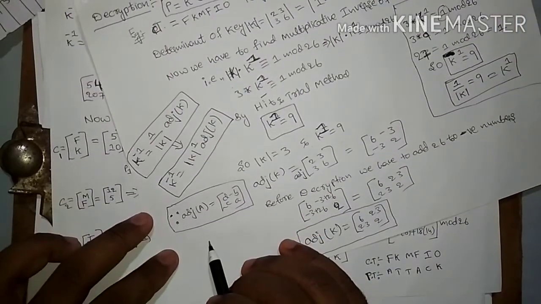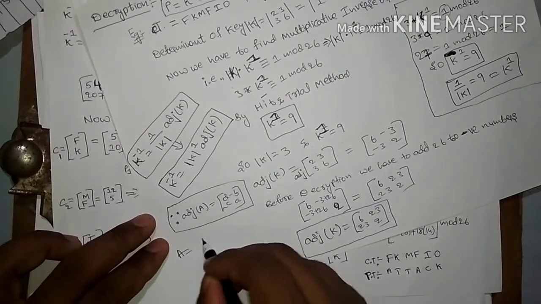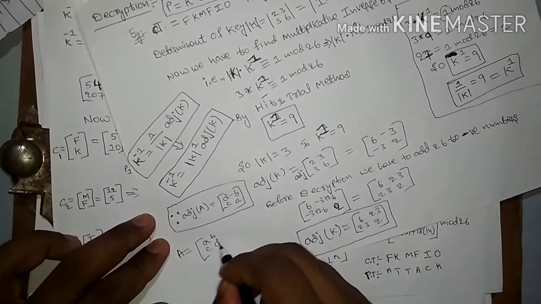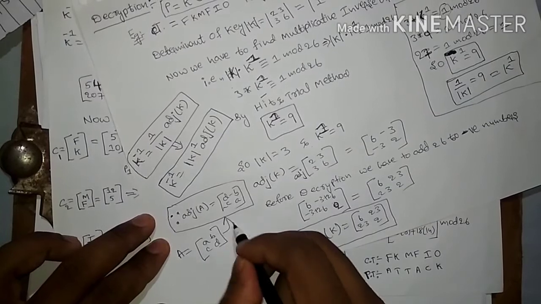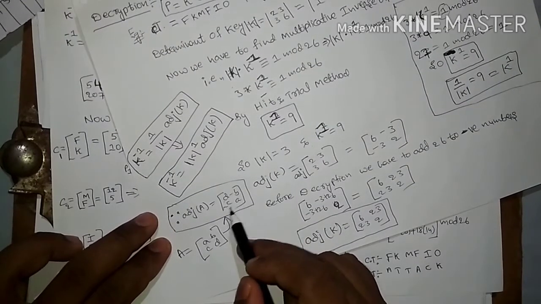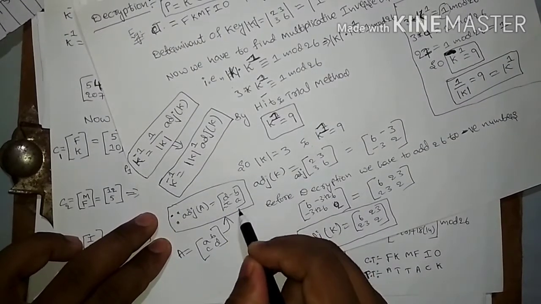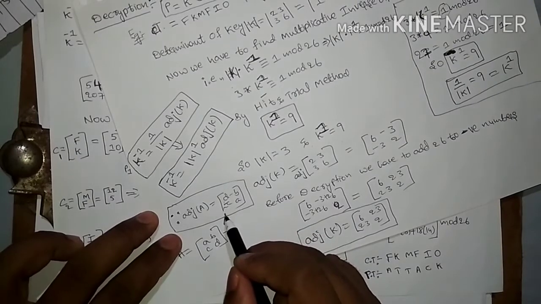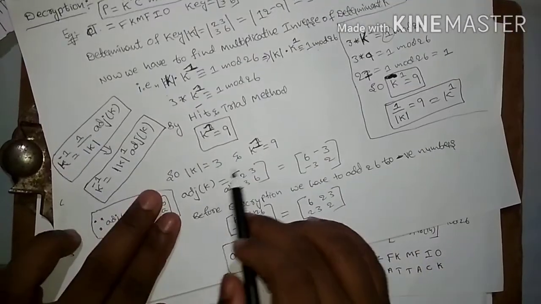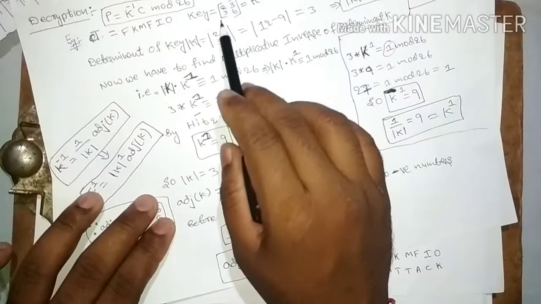Let's take A equals the matrix A, B, C, D. Then adjoint of A equals D, minus B, minus C, A. This is the formula for adjoint of A. Then the key value K is 2, 3, 3, 6.